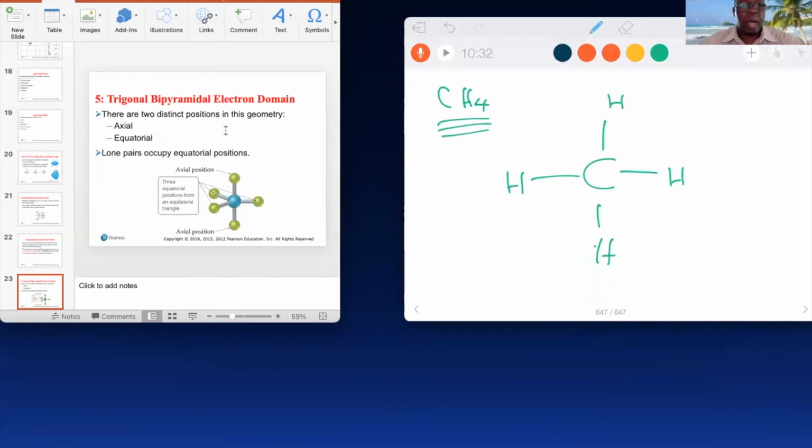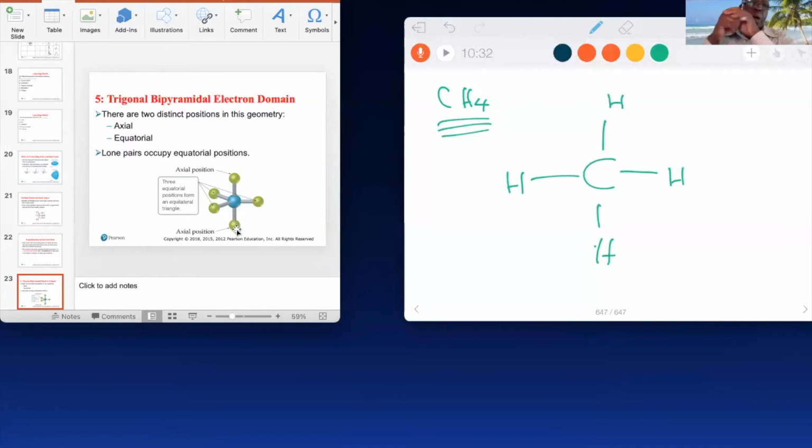The axial is on the opposite side of the central atom, perpendicular, but this is assumed in 3D along the equator. You know, when we say equator around this globe, it just goes round, but assuming this is the north pole and this is the south pole, this is axial.